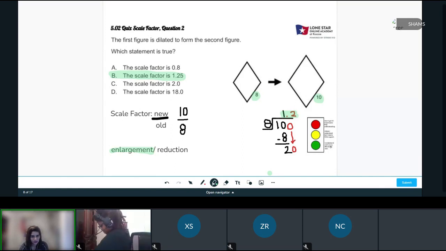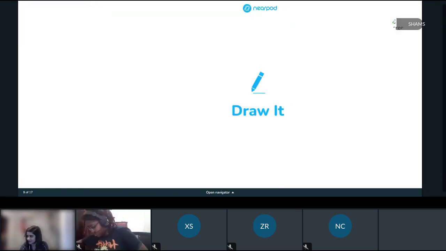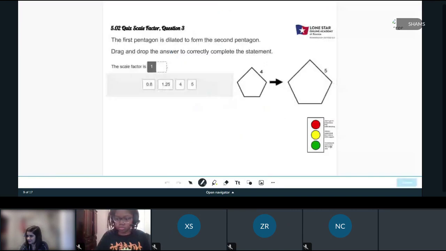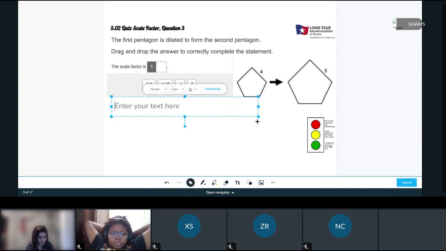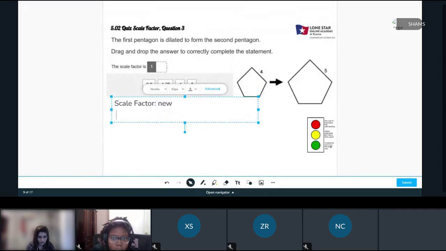So let's move on to question 3. Question 3. The first pentagon is dilated to form the second. Drag and drop to correctly complete the statement. The scale factor is, we've got to find scale factor. Is the ratio of new to old?